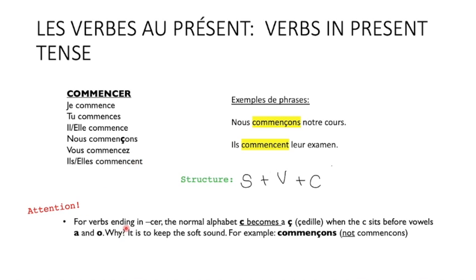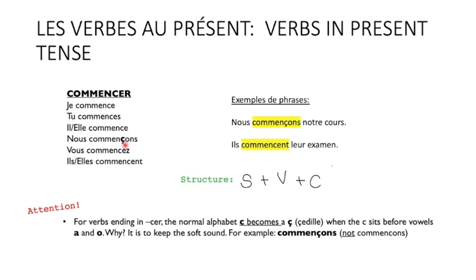For verbs yang ada C before ER, meaning at the end it's CER, like here, commencer, the normal alphabet C becomes C cédille. Remember what a cédille is? It's the C with that tail, okay? And when the C is before the alphabet O or A, like here, commençons, the C becomes a C cédille.